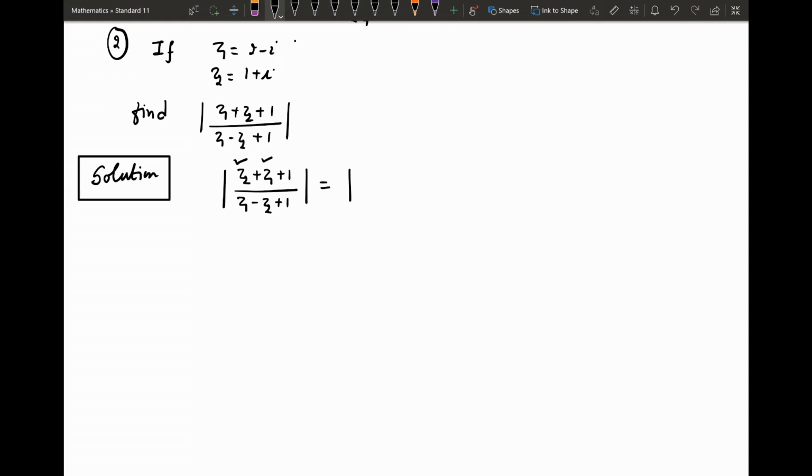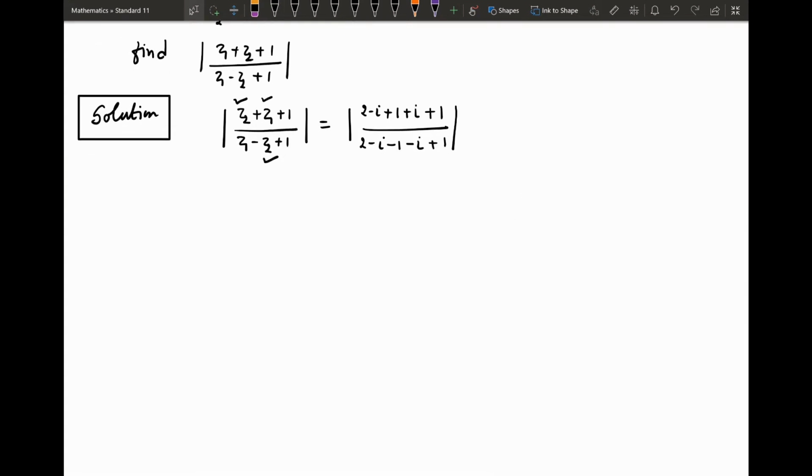So z1 plus z2, so 2 minus i plus 1 plus i, plus 1, upon z1, 2 minus i, minus z2, so minus 1 minus i, plus 1. Simply, in numerator and denominator we have substituted the values of z1 and z2.